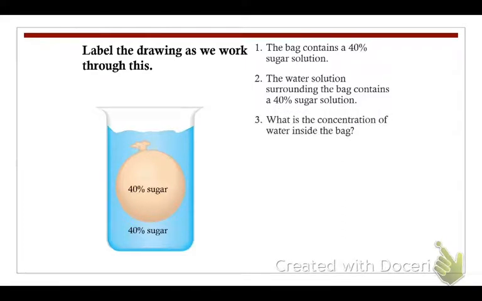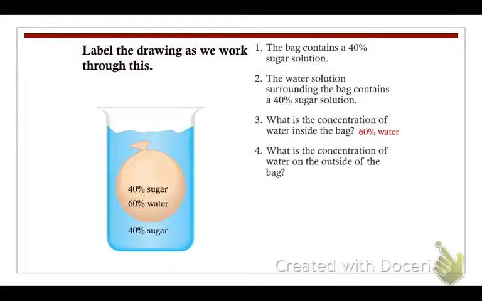What is the concentration of water inside the bag? 60%. Does everyone know where we're getting that? 100% minus 40 is 60%. So this is 60% water, and the beaker has how much in it? What percentage? 60. Also 60, right? It's also 60% water.